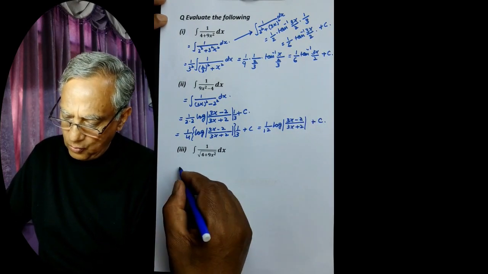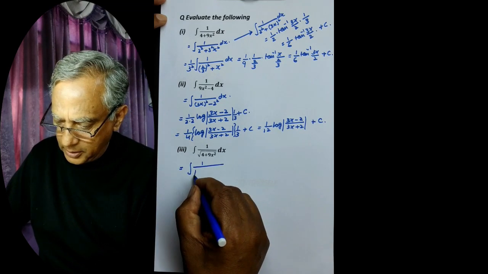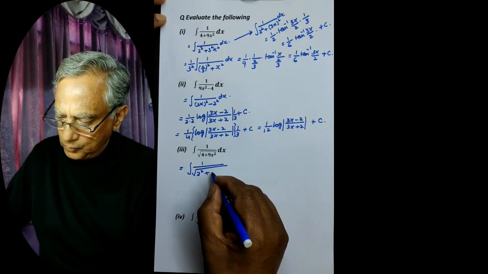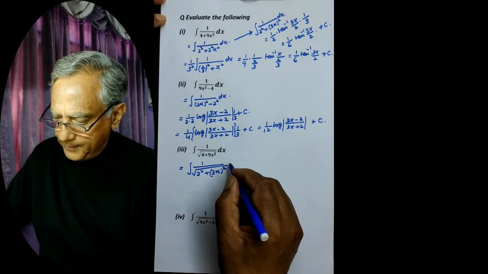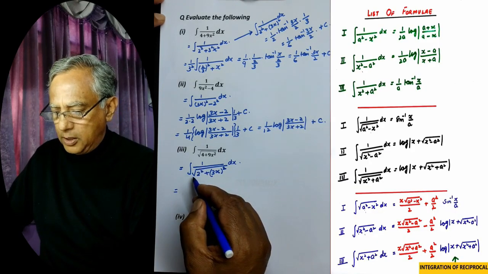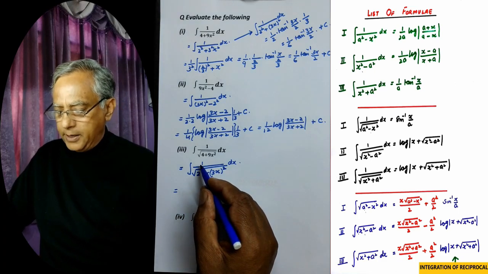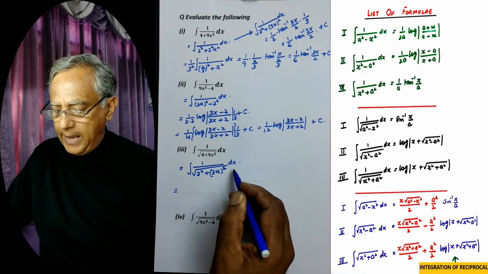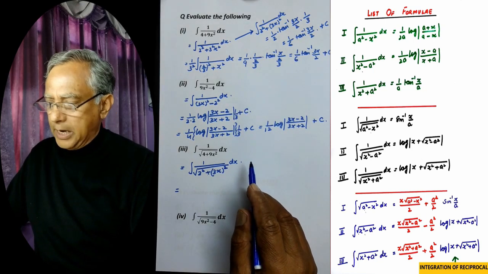And in this case we have integral 1 upon under the root 2 square plus 3x whole square dx. And this is now 1 over under root a square plus x square. The formula for integral 1 over under root a square plus x square dx is log of x plus under root a square plus x square. You can see the side sheet.